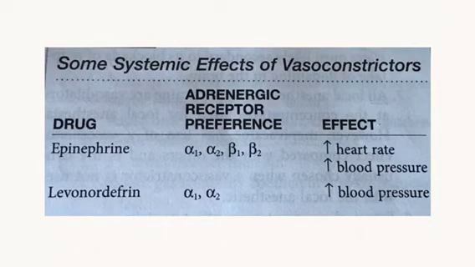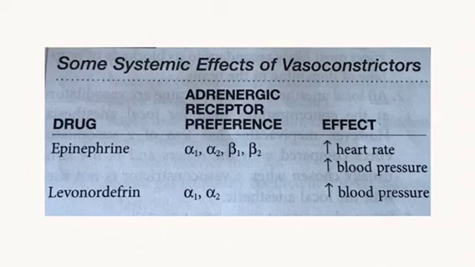Cardiovascular effects and receptor preferences of 2 common vasoconstrictors used in dentistry are epinephrine and levonordefrin. The adrenergic receptor preferences for epinephrine are alpha-1, alpha-2, beta-1, and beta-2.